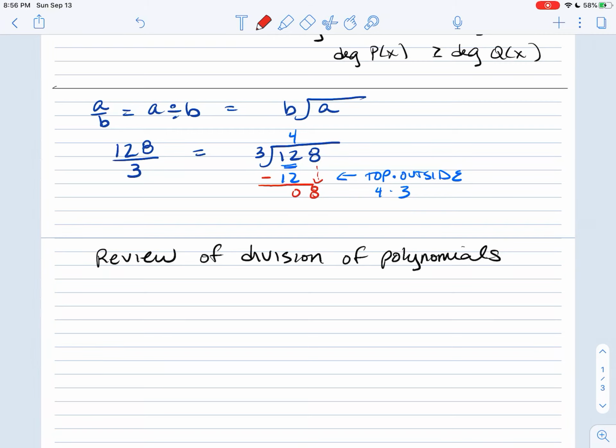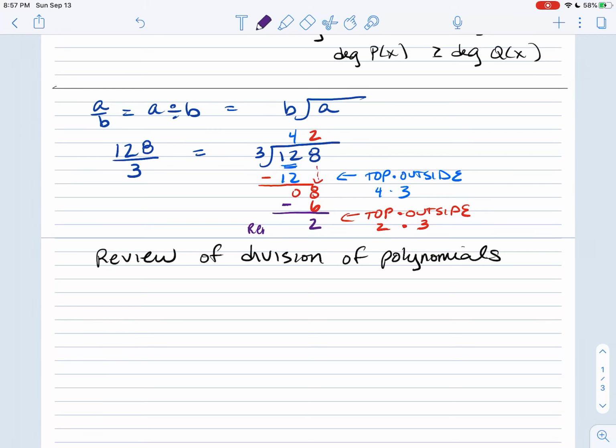And I would say 3 times what gives me 8 without going over. 3 times 2 does, and what do I put here? I put the top times the outside. And the top I put 2, and the outside is 3, so I would be putting here 6, and then I would be subtracting. 8 minus 6 is 2, and when I have nothing left to drop down, my 2 and 3 does not go into 2.